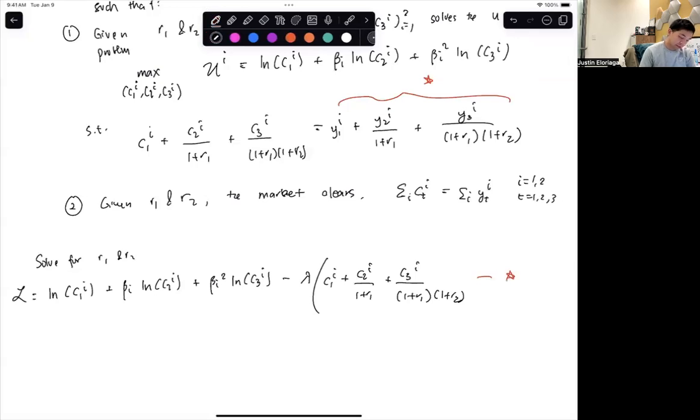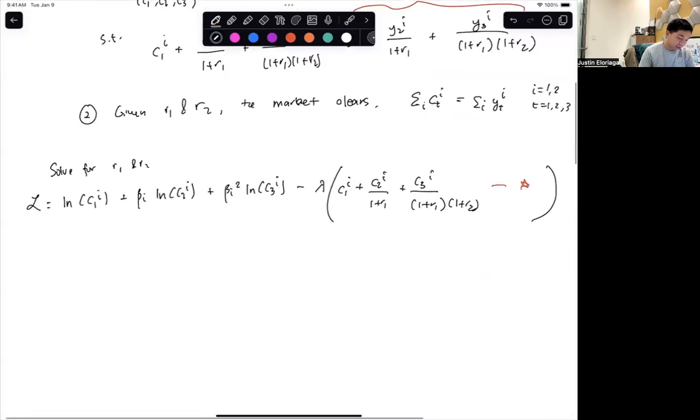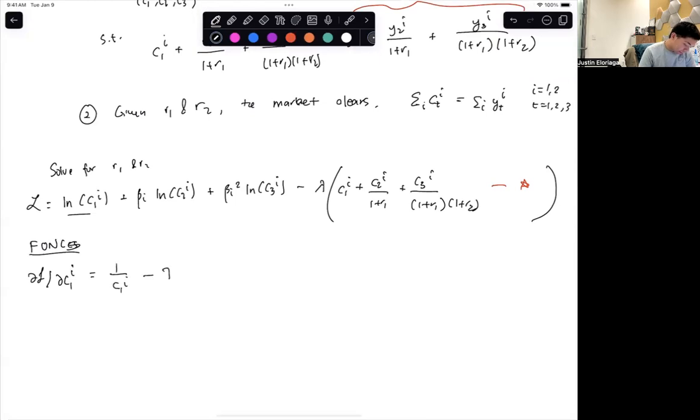Then I use the first order necessary conditions, the FOCs. First with respect to C1i: the derivative of the first term is 1 over C1i, minus lambda equal to 0, which implies that lambda is 1 over C1i.